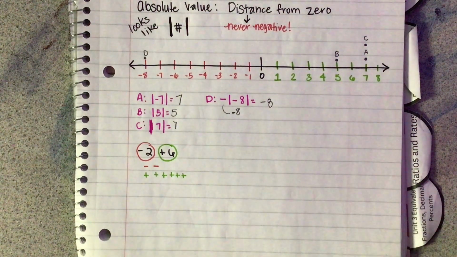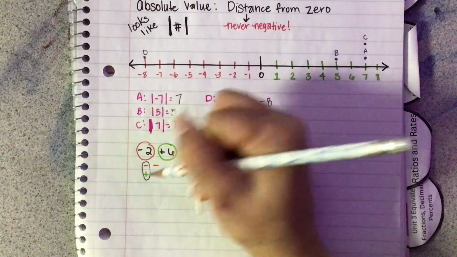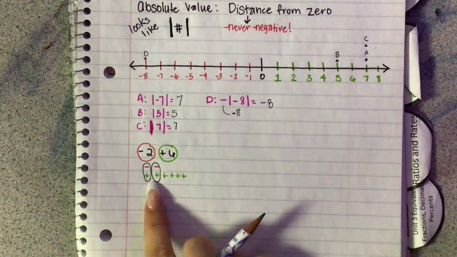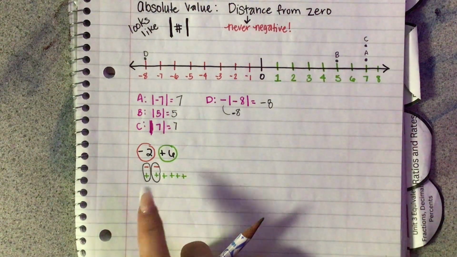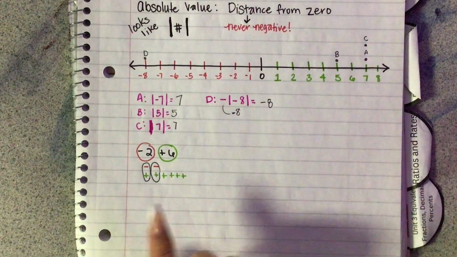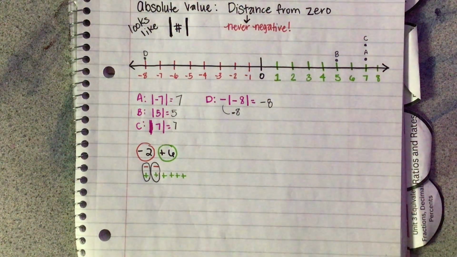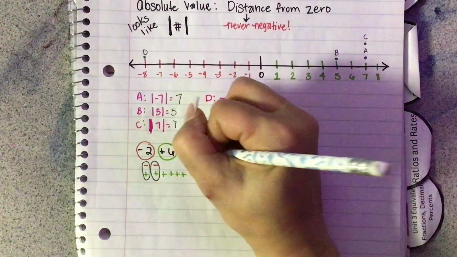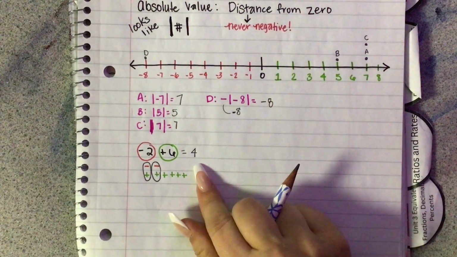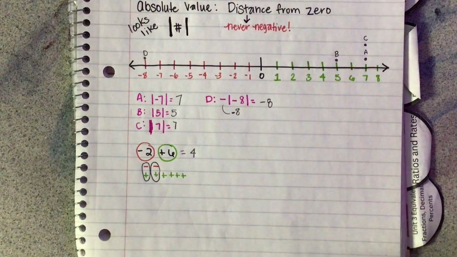And I can create zero pairs with my positive and my negative symbols. And so if I create zero pairs, what am I left with? 4. I'm left with 4, and those 4 are what? Positive.